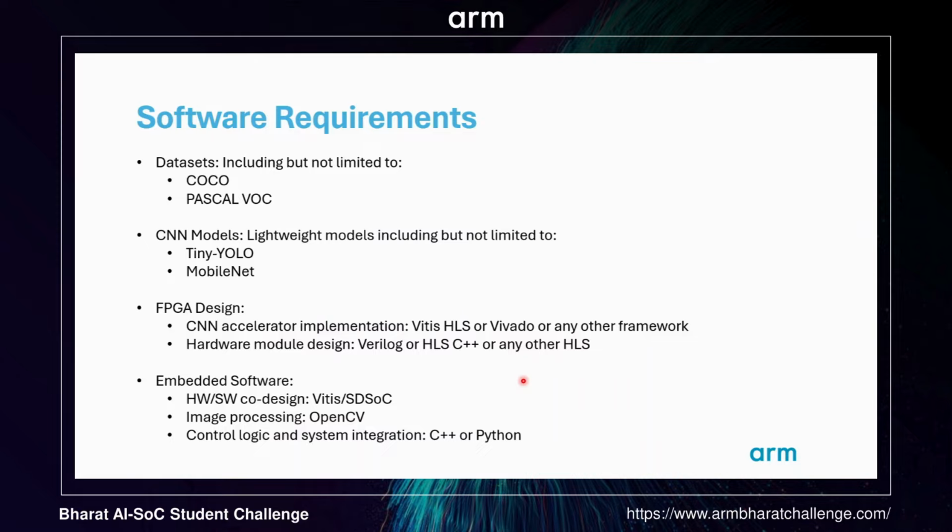For the design of various hardware modules, you can use Verilog or HLS C++ or any other HLS. For hardware software co-design, you can use Vitis or SDSoC. For image processing, you can use OpenCV. For control logic and overall integration of the solution, you can use C++ or Python.